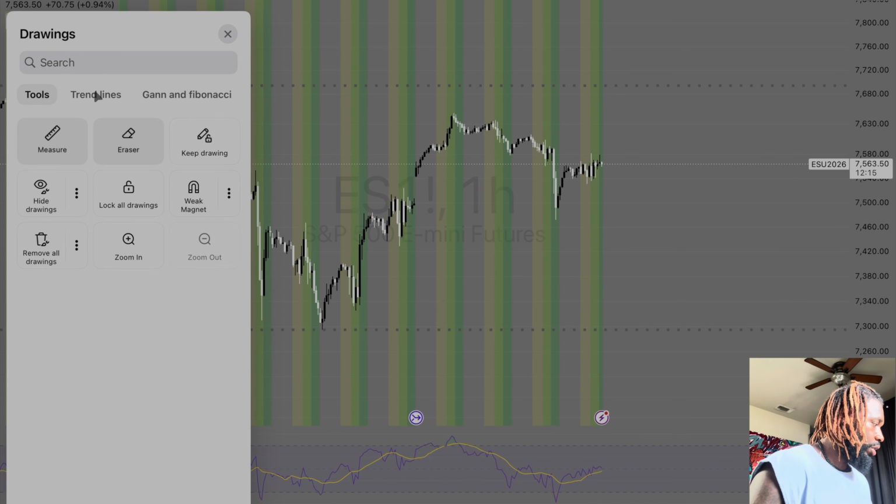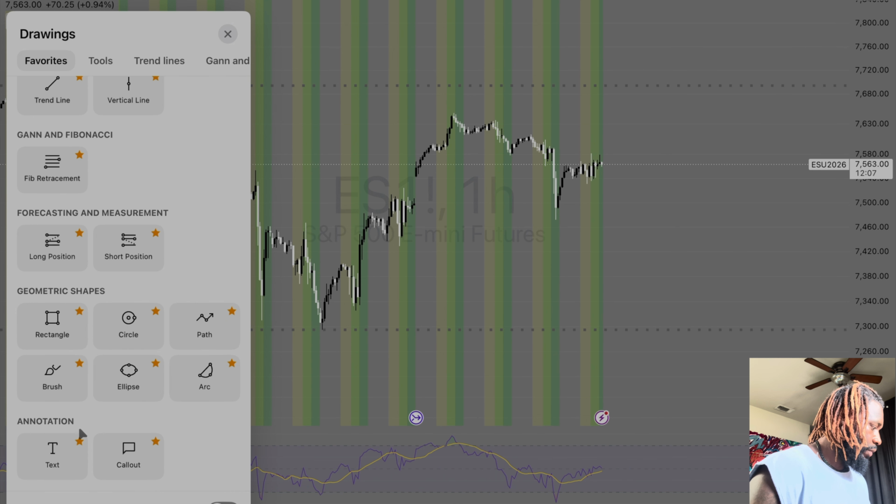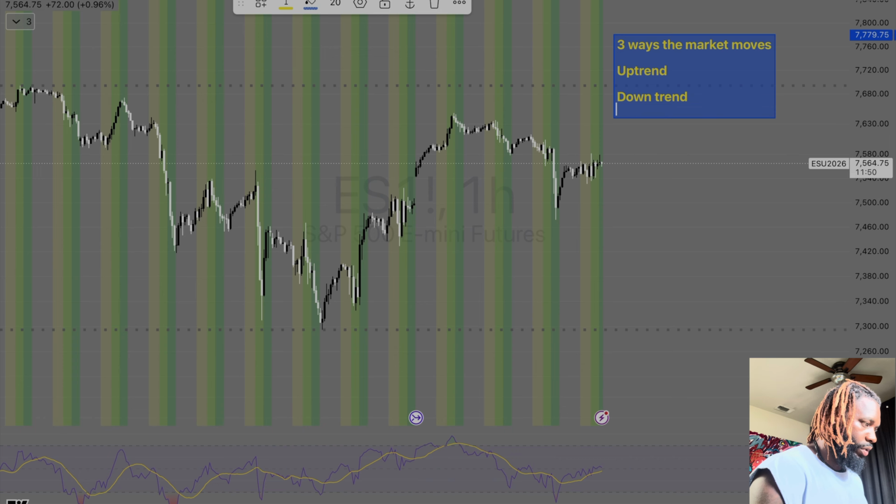So there are 3 ways the market moves. Uptrend, downtrend, and then you have ranging or consolidation.